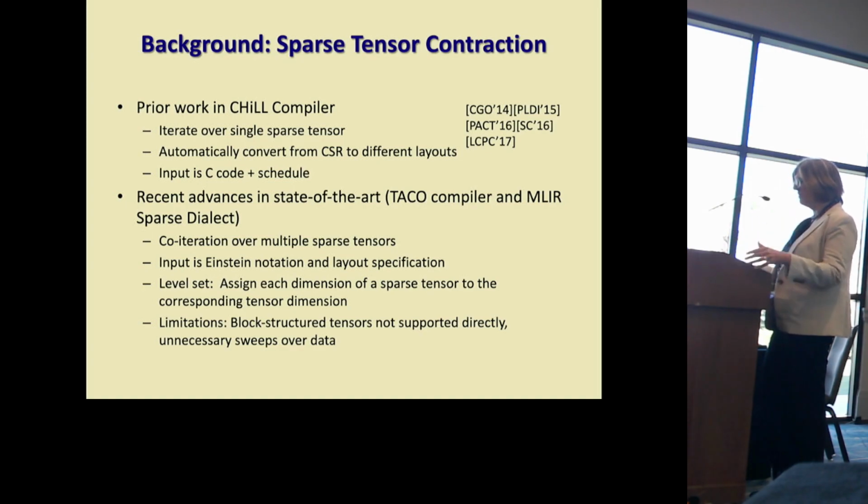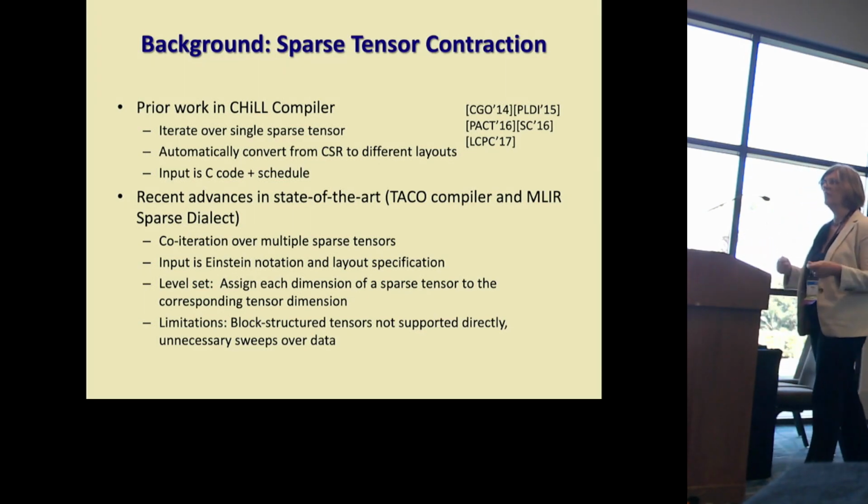So we've seen a lot of advances in state of the art, and I'm going to focus on the Taco compiler and the MLIR sparse dialect, which provide this notion of co-iteration. You have multiple sparse tensors, and you want to iterate over them so that you do a computation only when the tensors have non-zero values. And like with these other compilers, today's premise is that the input is an Einstein notation and some sort of layout specification.